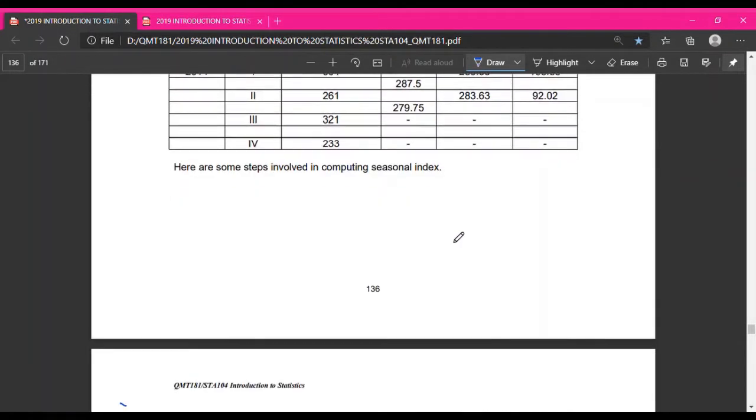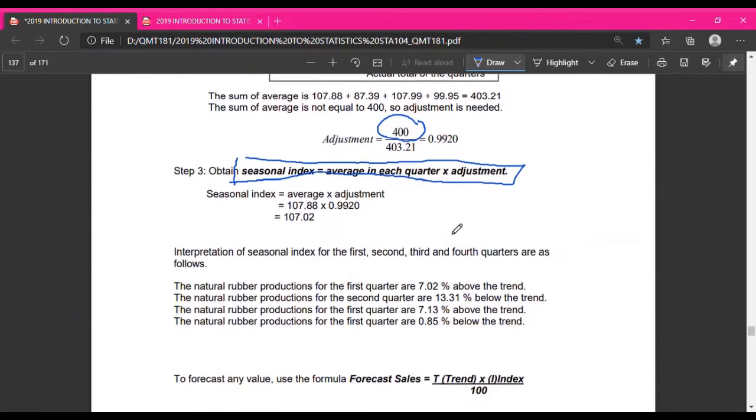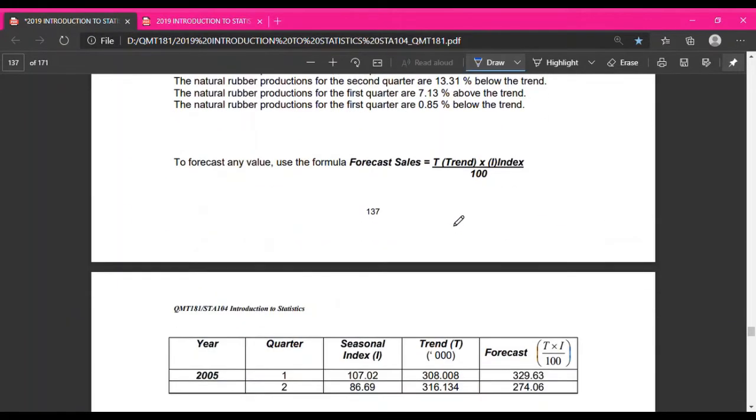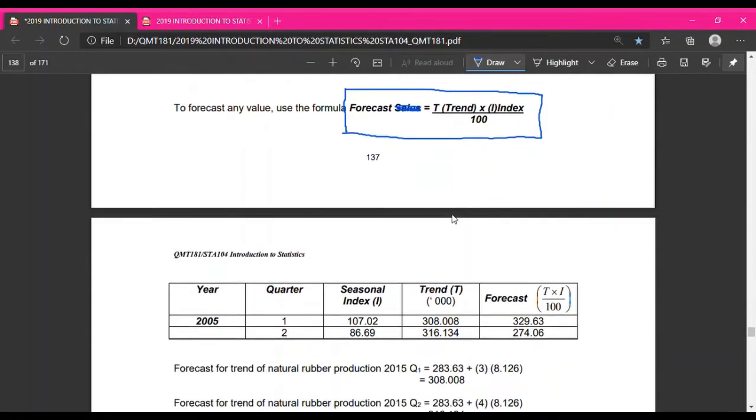So, let's see how to find the forecast. Okay, this is the formula. To get the forecast of the variable, the forecast of Y. Here it was the forecast of sales; in our case it is the forecast of the production. The forecast will be the trend multiplied by the index. So we need to find the trend value and also the seasonal index.